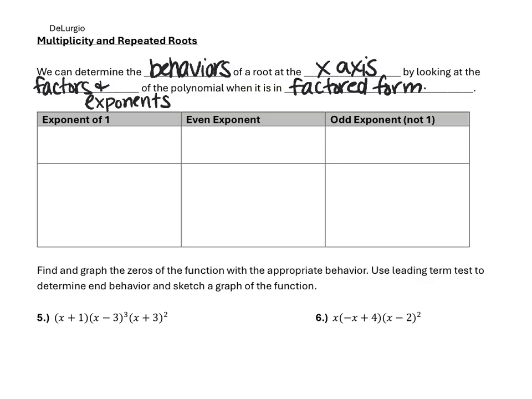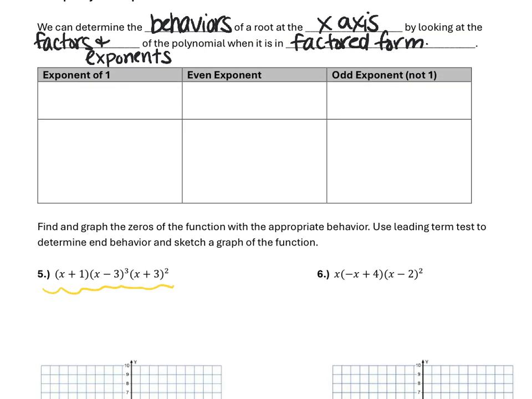Okay? So what this looks like, if you look down here, this is what I'm talking about. So when we have factored form, we'll do this example when we fill in our table.